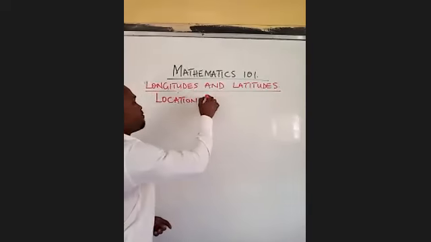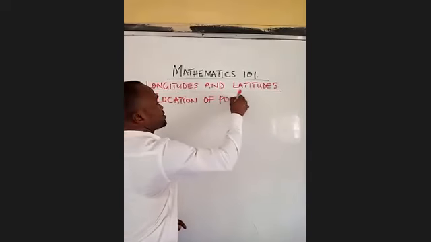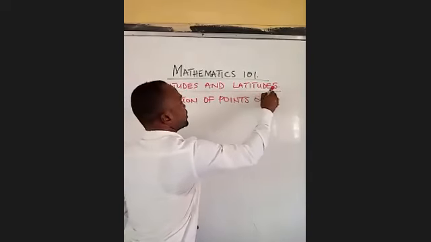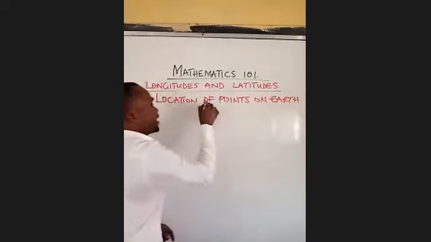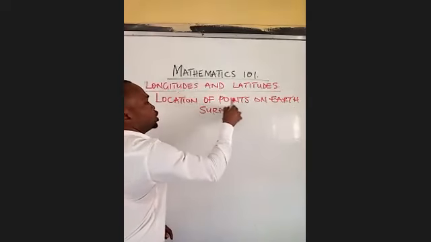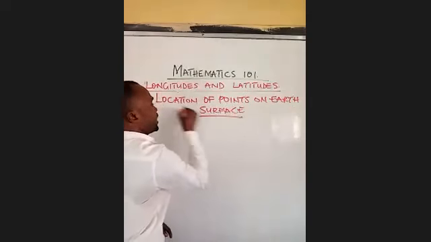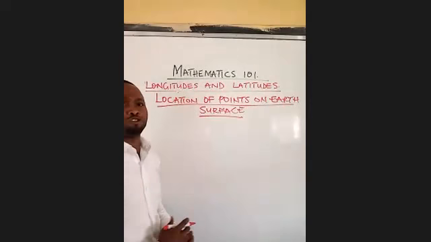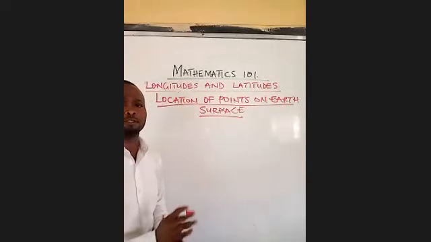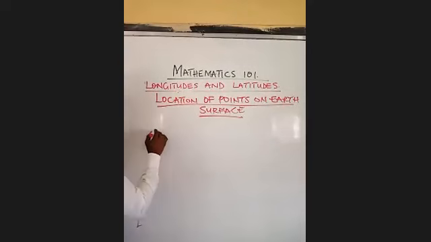Location of points on Earth's surface. So if you have known how to locate points on Earth's surface, it means you don't have any problem again as far as this topic is concerned. Is that clear? But if you still don't know how to locate a point, please try to know how to locate a point now.